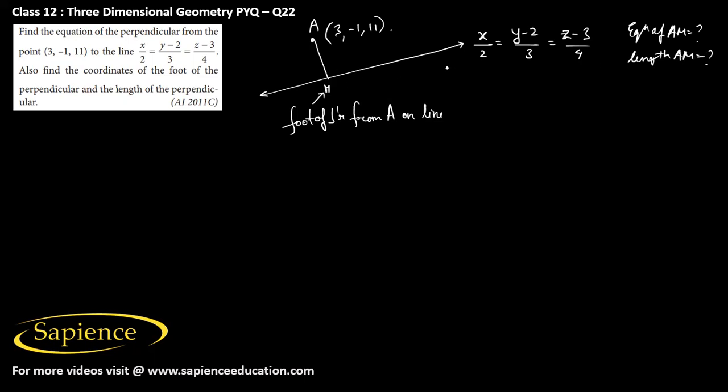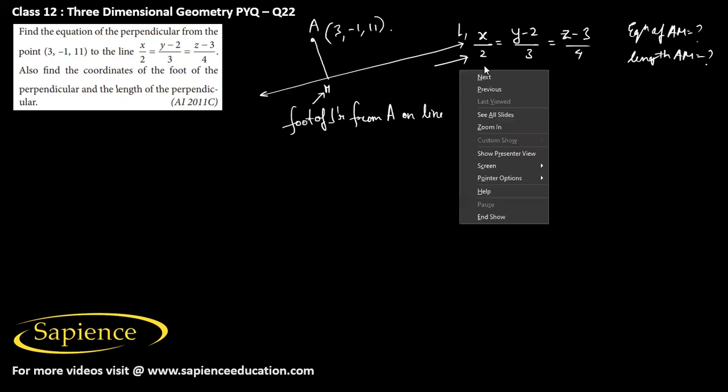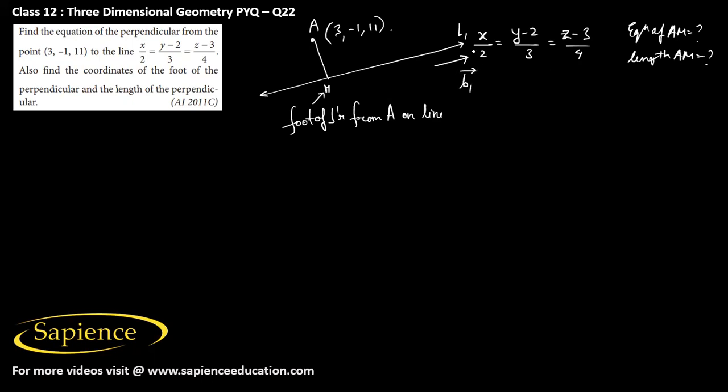So here we can see that this line L1 is parallel to the vector we can call B1 vector. The direction ratios along the straight line L1 are 2, 3, and 4. So B1 vector we can write as 2i cap plus 3j cap plus 4k cap.